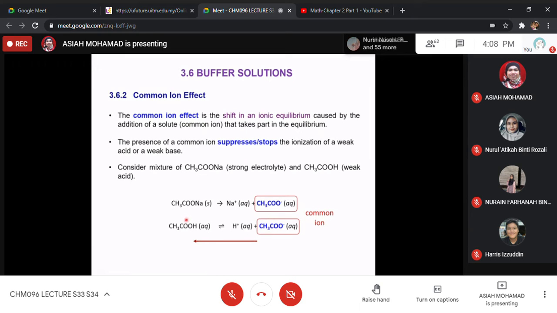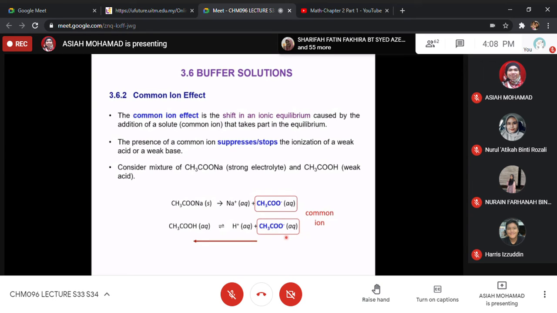Sodium acetate is a strong electrolyte, so it dissociates completely in the solution. But acetic acid, the weak acid, ionizes only slightly to produce hydrogen ion and acetate ion as well.